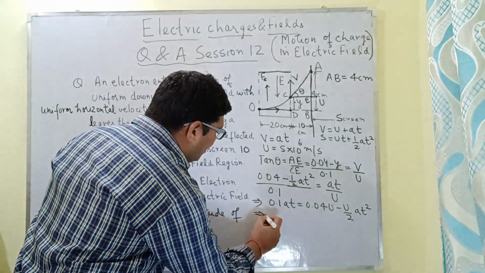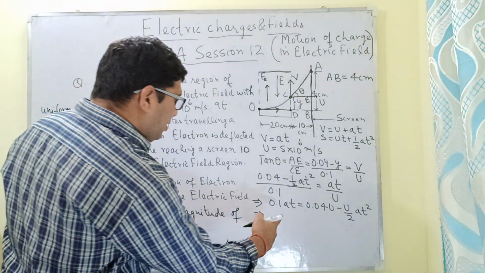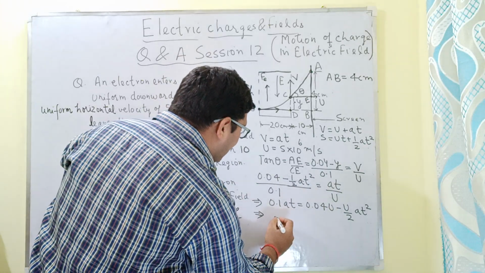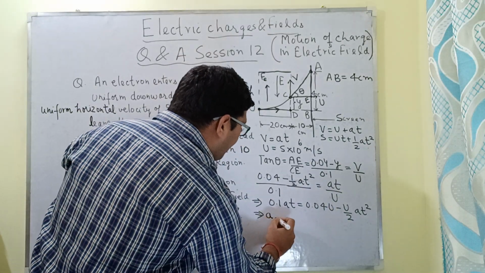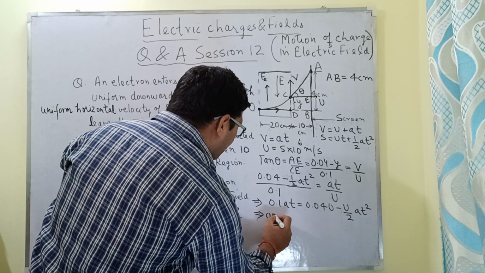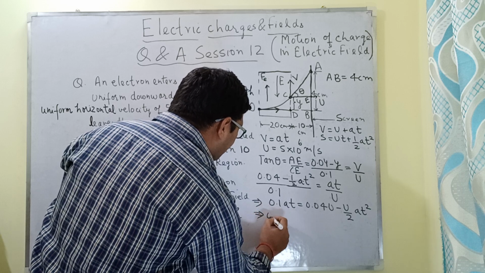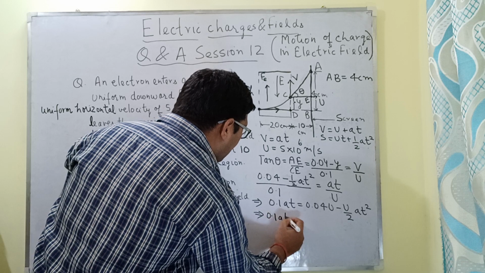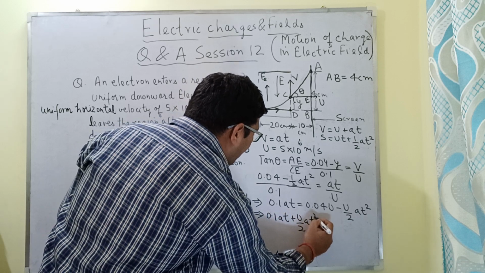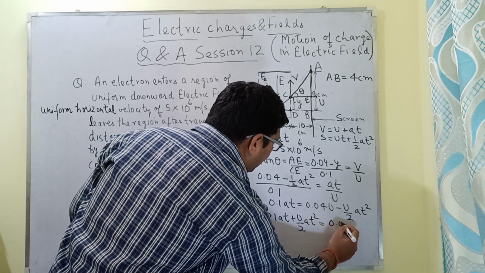So now what I will do is, I will take this component on the left hand side, then I will be getting 0.180 plus u by 2 at square, which is equal to 0.04 u.